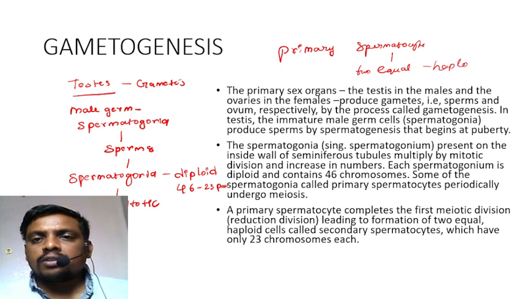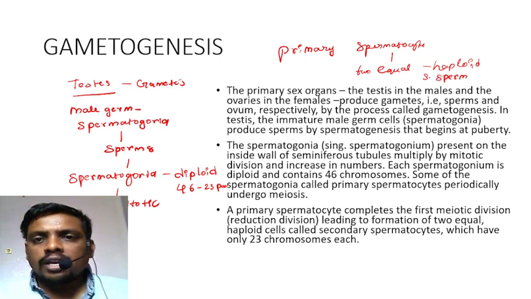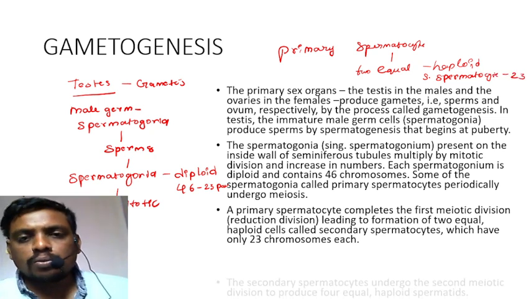Here the diploid cell divides into haploid cells called secondary spermatocytes. These haploid cells have only 23 chromosomes. How many? 23 chromosomes.